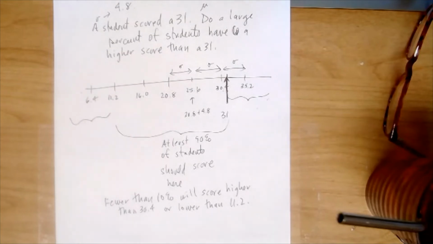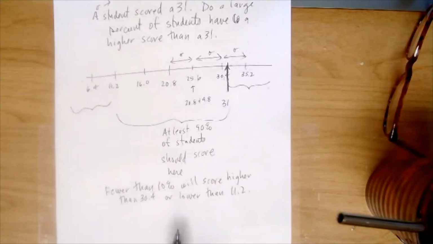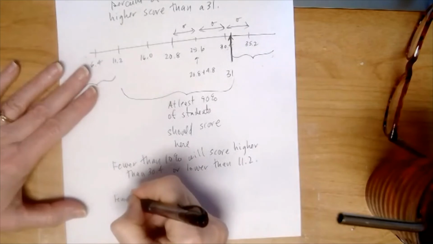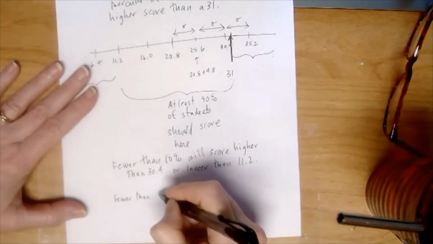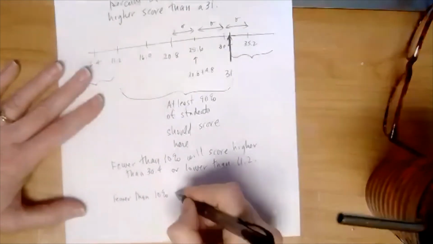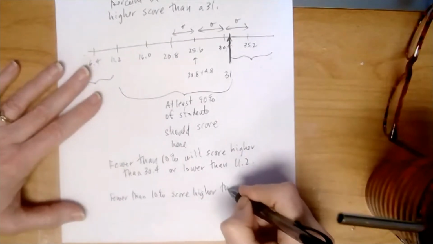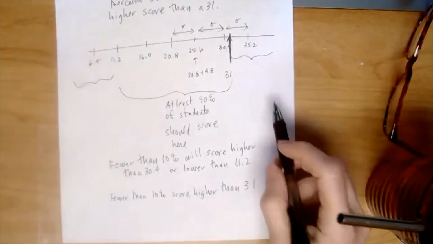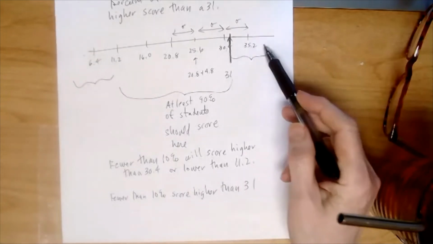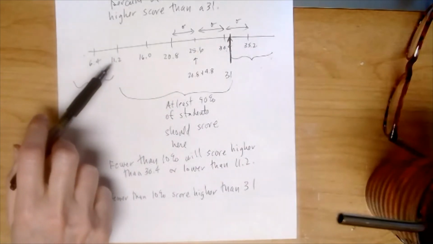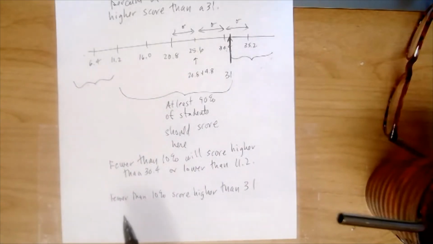What that tells me is that I'm pretty sure fewer than 10% will score higher than 30.4, or higher than 31. I know fewer than 10% score higher than 31, and fewer than 10% score lower than 11. So that kind of answers my question.